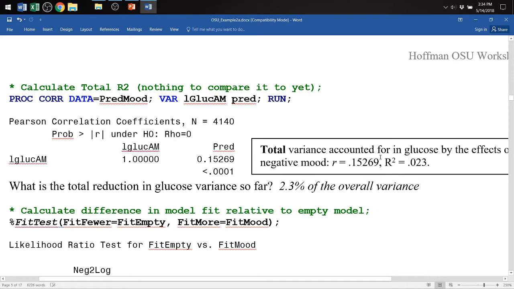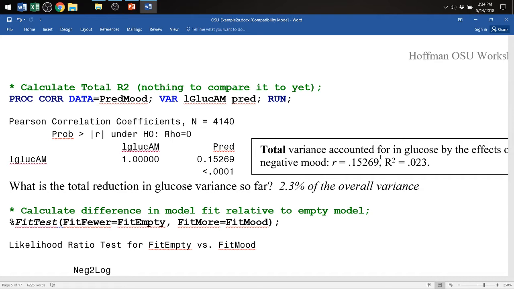If I do a total R-square, so if I just want to know how much variance did negative mood account for, put it back together again. I got 3.3% of the intercept, and I got 0.2% of the residual. To be able to interpret those numbers, I have to know what the original interclass correlation was. I believe the interclass correlation for glucose was 0.69.